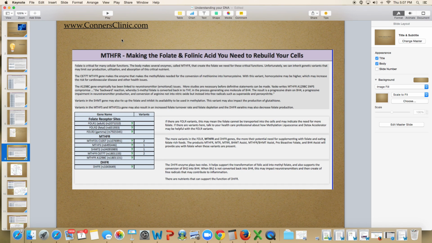So if you're lucky enough to go over your test in my office, then I can show you some charts and where these fit in, and maybe I'm the only one that finds this fascinating, but oh well. Your folate pathway, the purpose of your folate pathway really is to make methyl tetrahydrofolate.